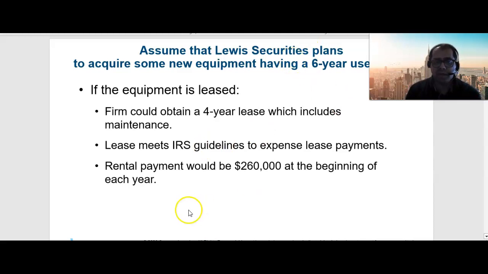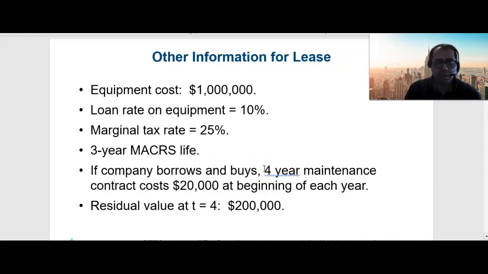The lease meets the IRS guidelines to expense lease payments, basically meaning that the lease payments that the lessee is going to make are going to reduce the overall expenses and thereby provide a tax benefit. The rental payment would be 260,000 at the beginning of each year. So this is the amount that this company needs to pay every year. The cost of the equipment is $1 million, right? And if they were to buy this equipment, they would have to pay $1 million.